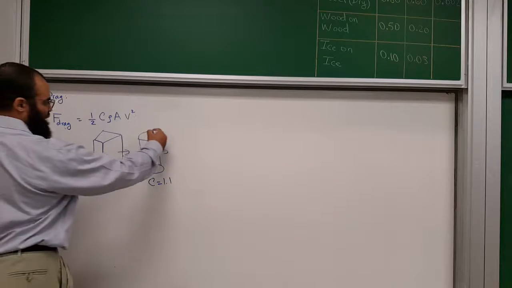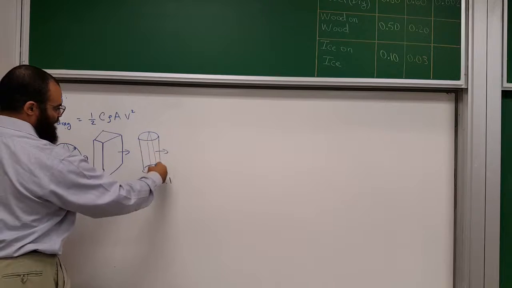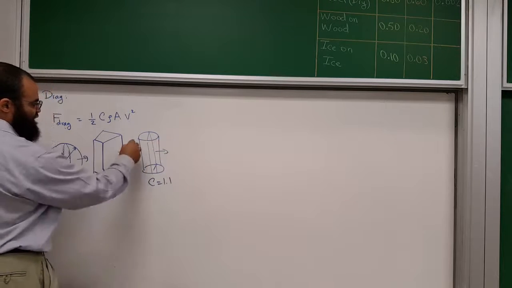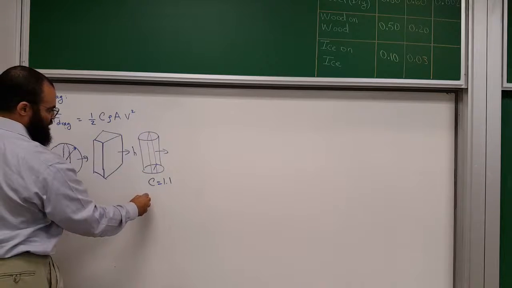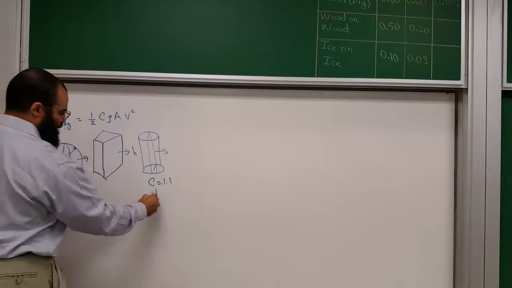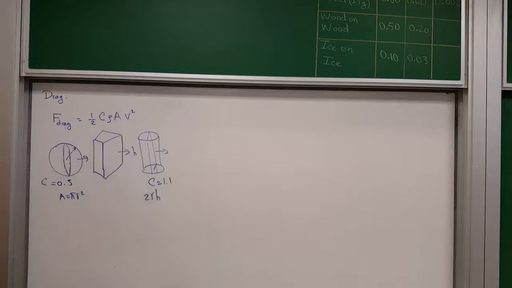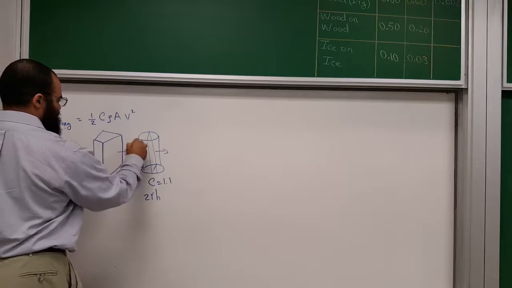It looks like a box, right? If this is height h and this is radius r, it would be 2r for the cross-sectional area times h, 2rh. Let me double check that. Yeah, 2r times the length, or the height, of the cylinder. The height of the cylinder is from here to here. That's h.